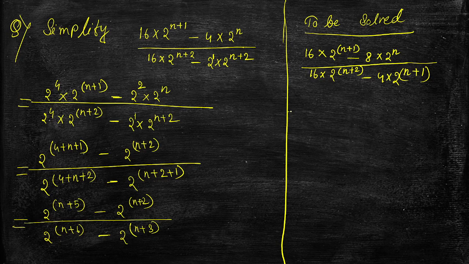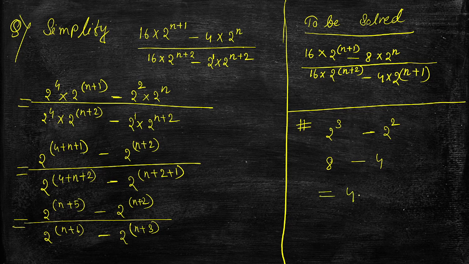Now try to understand one thing. Suppose 2 to the power 3 minus 2 to the power 2. What will the answer be? Here is 8, here is 4. So this is 4. So we cannot do the subtraction in that manner.